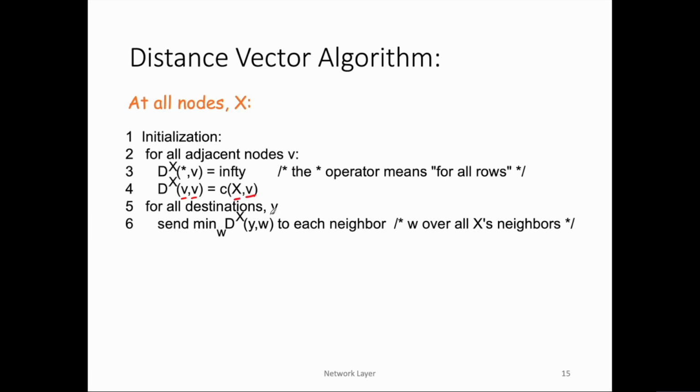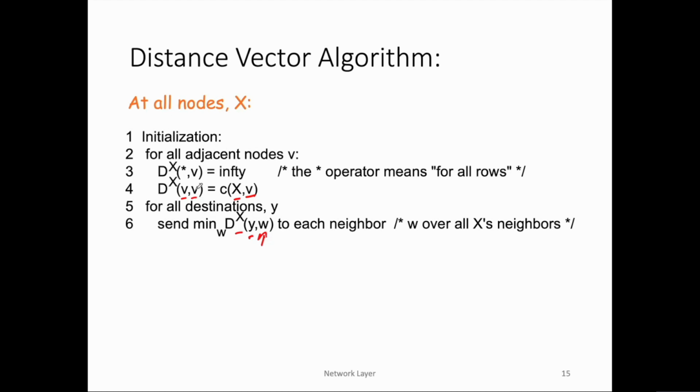And for all the destinations Y, we'll send the minimum cost to reach from X to Y, obviously via some of its neighbor W. So what happens in this initialization step is, we'll follow the same steps as we did in the last class. First we'll look at the algorithm, we'll try to solve an example, and then we'll come back and try to understand the algorithm.